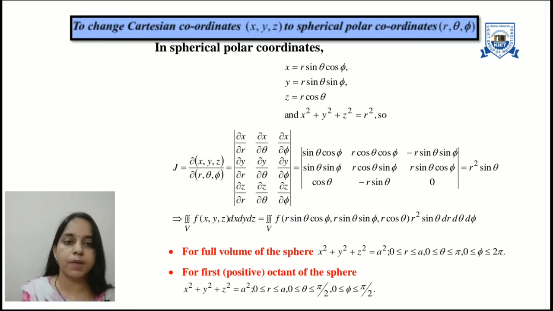So x square plus y square plus z square equals a square is the equation of the sphere. Then the value of r varies from 0 to a, the value of theta varies from 0 to pi by 2, and the value of phi varies from 0 to pi by 2.